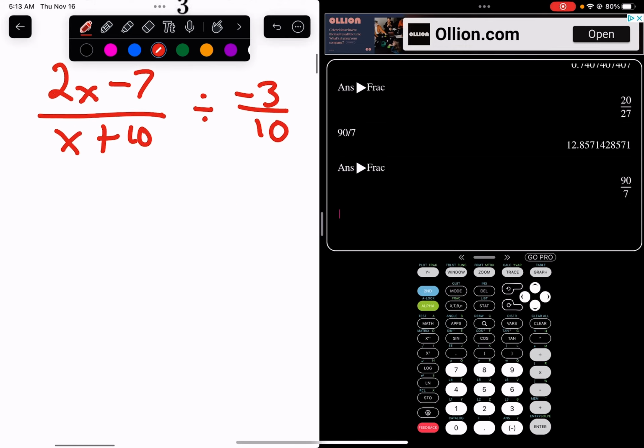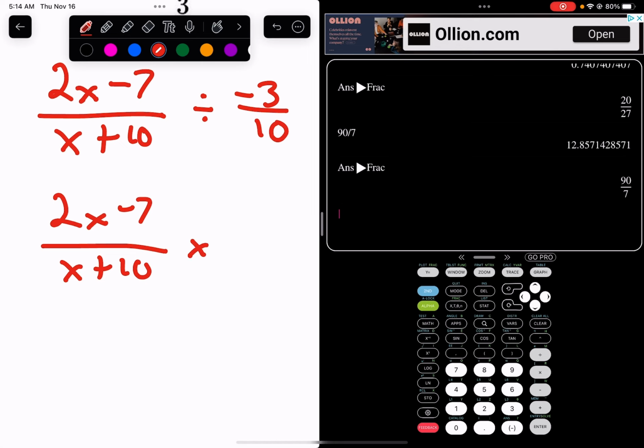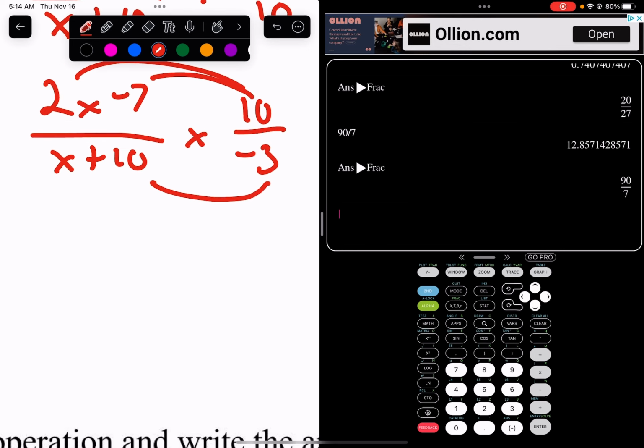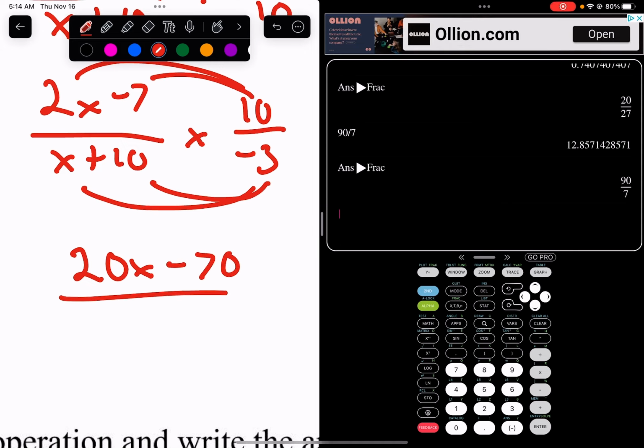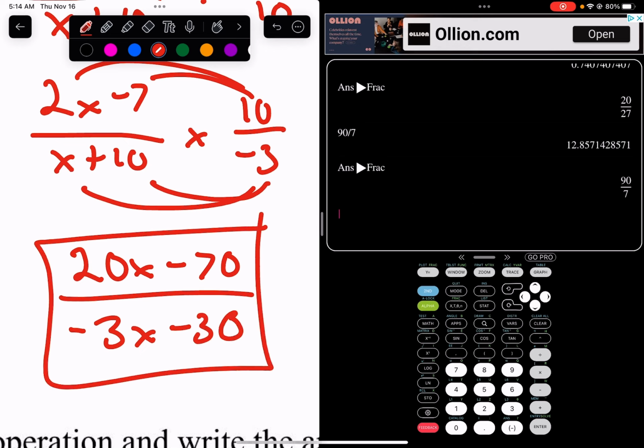So now it's just one of those keep, change, flip problems where we're going to do 2x minus 7 all over x plus 10 times 10 over -3. We can distribute, and we get 20x minus 70 all over -3x minus 30. And that would be our answer there.